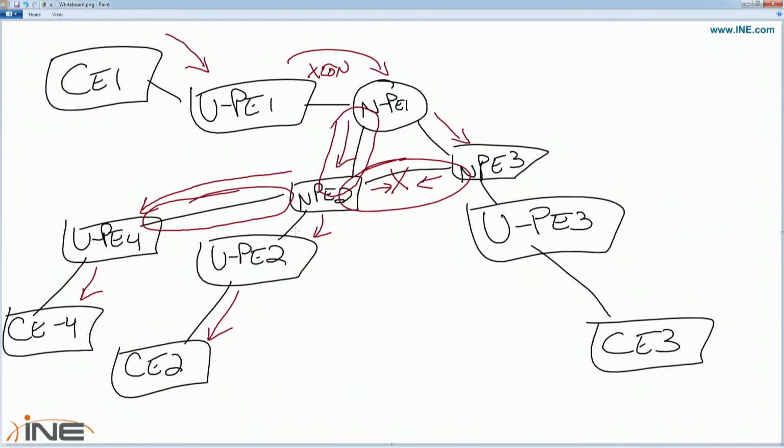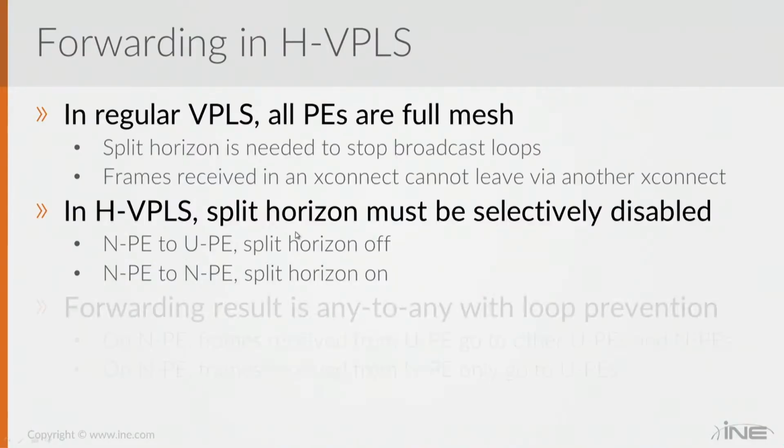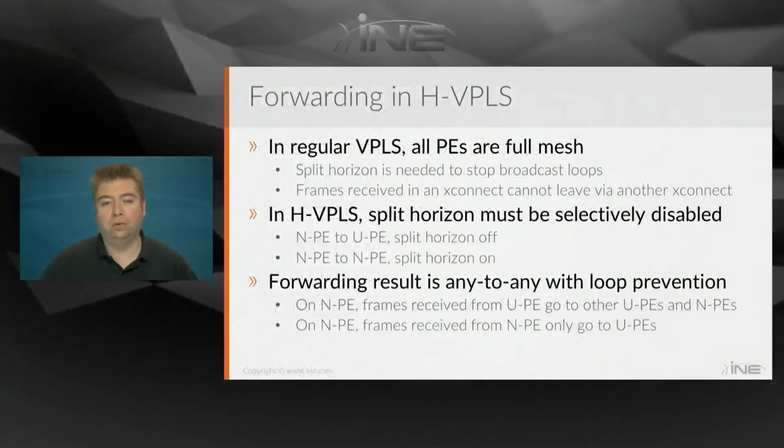So this means that from the network-facing PE point of view, they can forward frames, broadcast frames specifically, to user-facing and to network-facing PEs, but a network-facing PE will not forward traffic from one NPE to another NPE.